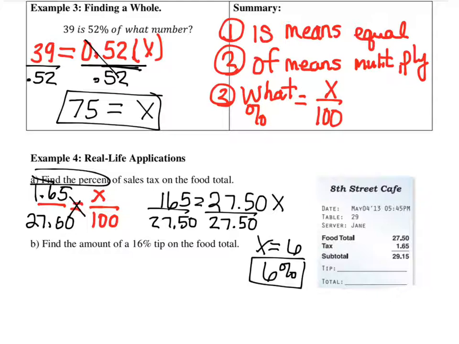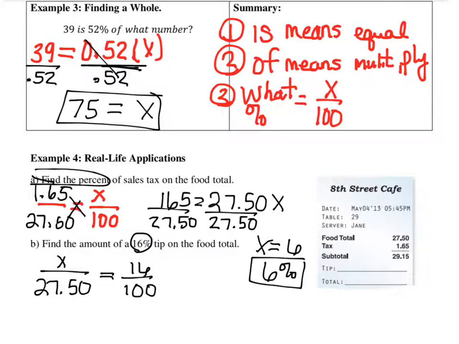Part B, find the amount of a 16% tip on the food total. So we have a 16% tip, so that's 16 over 100 equals, find the amount of the tip. So we don't know how much the tip is, but we know that we spent $27.50 on our bill.